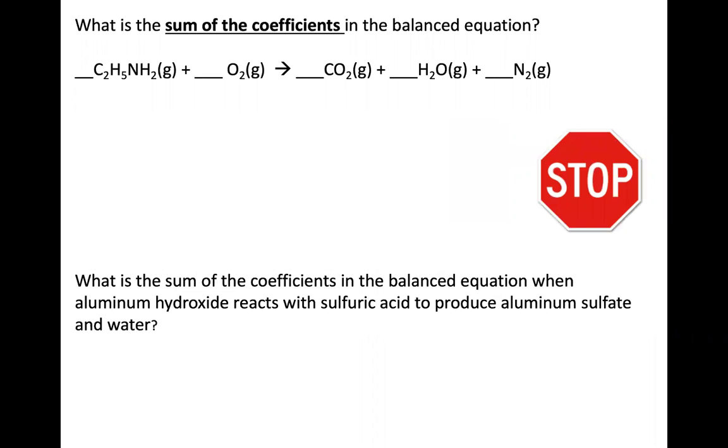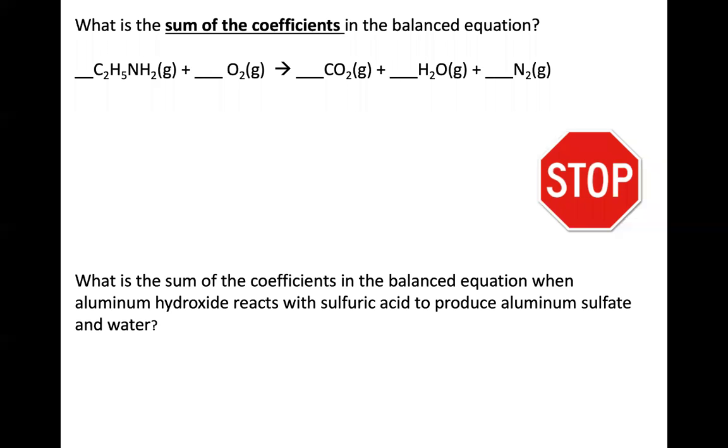Now, I've mentioned balancing chemical equations. When you have this on a test, I would say typically we have maybe one question on your first exam where the purpose of it is really just about balancing the equation. A lot of the time the format is what you see at the top here, where we ask you to balance it, and then we ask for the sum of the coefficients.